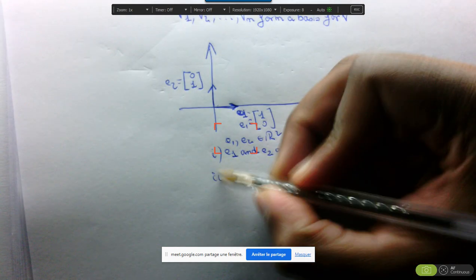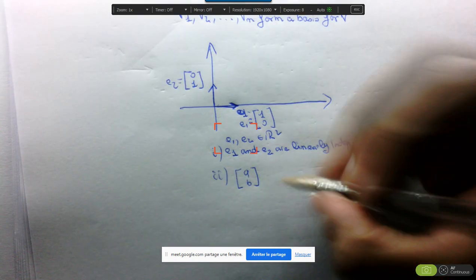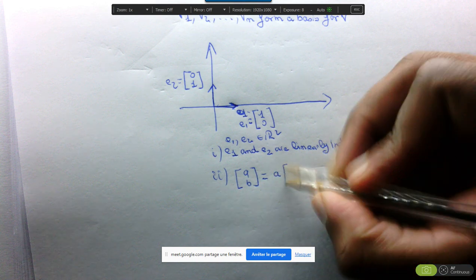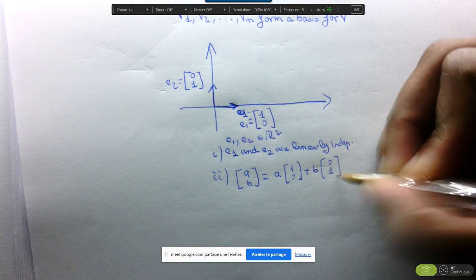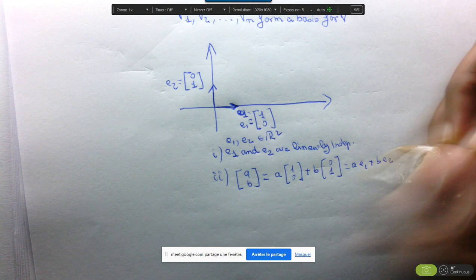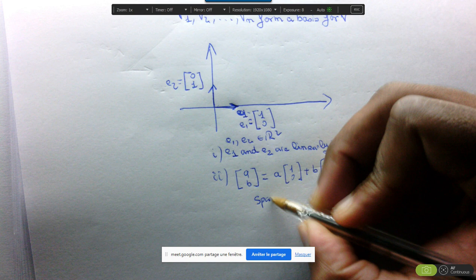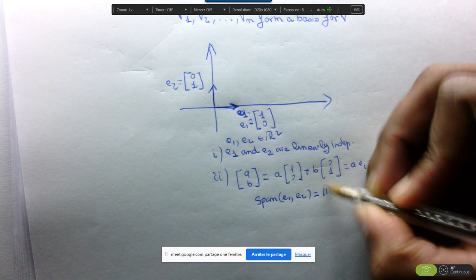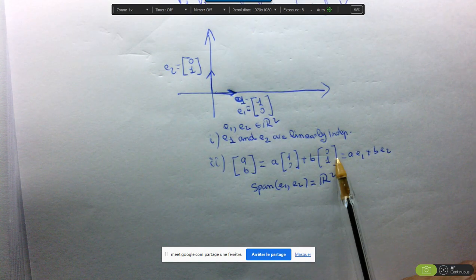Suppose that I take any arbitrary vector in R2 like this. I can write that vector as a linear combination of e1 and e2, here a e1 plus b e2. So we can say that the span of e1 and e2 is equal to the entire vector space R2, because I can pick any vector from that vector space and write it as a linear combination of e1 and e2.